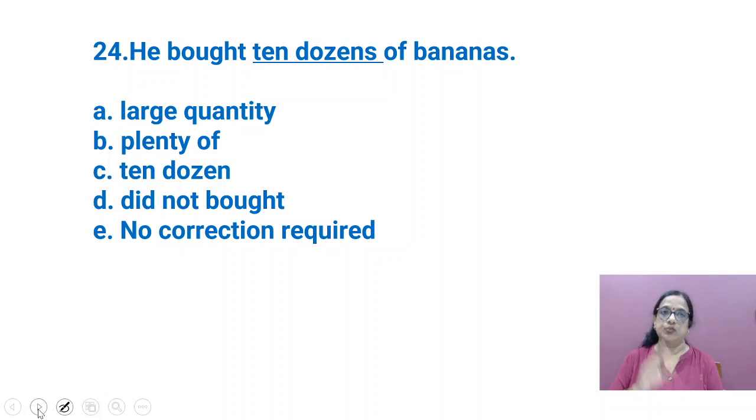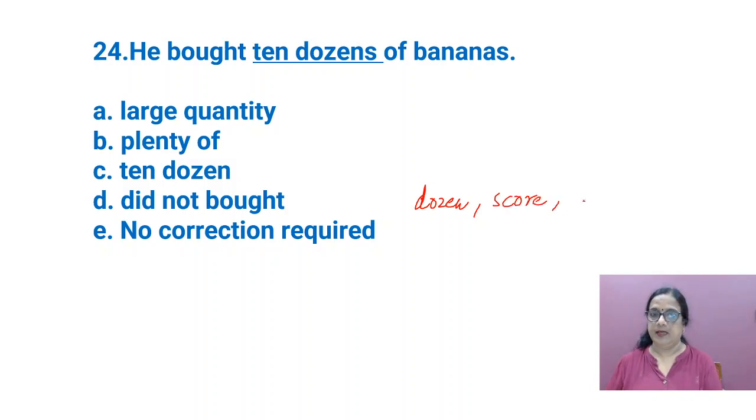Next we go. 24th. He bought 10 dozens of bananas. All right. So if these words like dozens, scores, dozens, score is how much? 20.